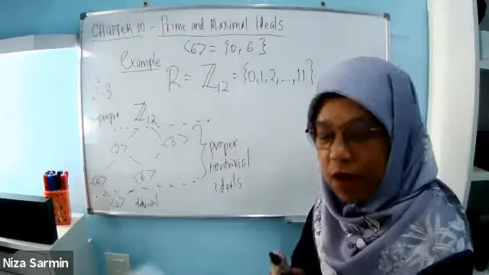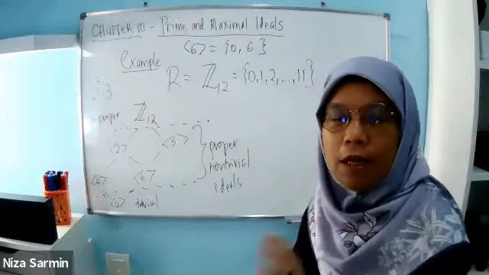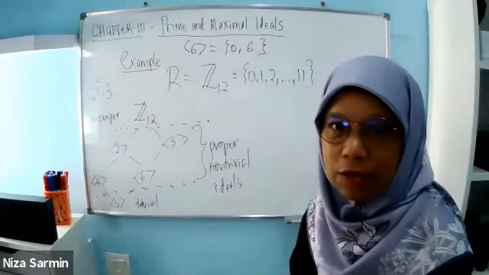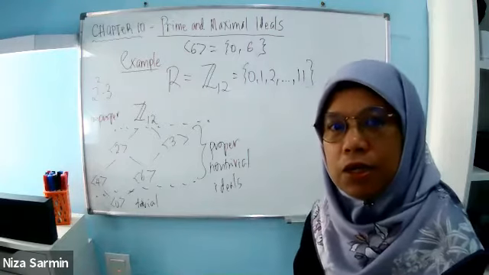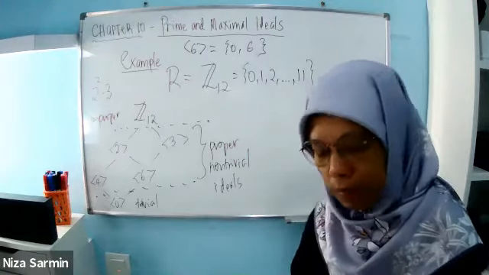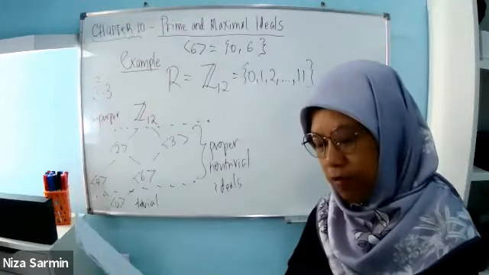This is specifically for Zn, the cyclic group, but it does not apply to all rings. For some other rings, with some other multiplication and addition property, you have to check. Okay, so that is the first paragraph in the first page.